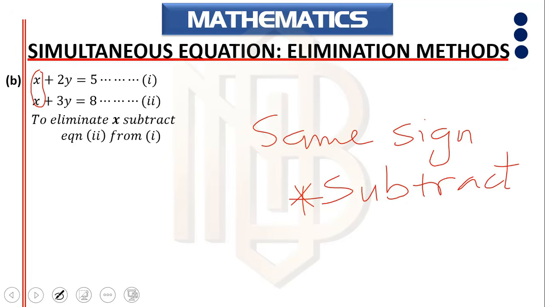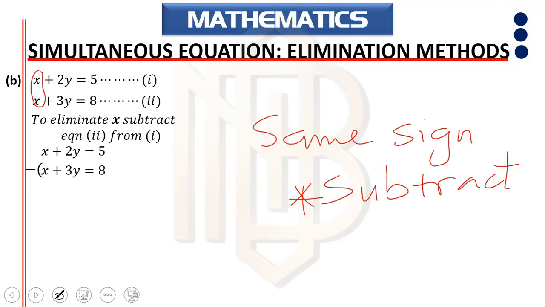Same sign, we subtract, very important. If we are going to subtract, you can do it whichever way is more appealing to you. You can do equation 2 minus equation 1, or equation 1 minus equation 2. In this case, we are doing equation 1 minus equation 2, so we write equation 1 first and equation 2 next.